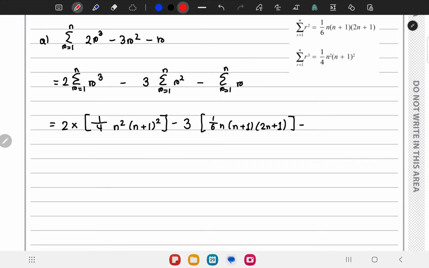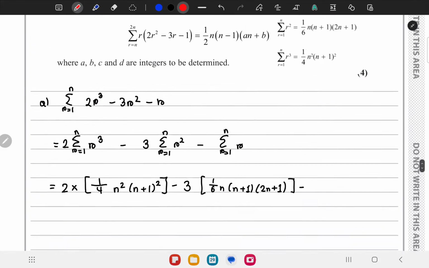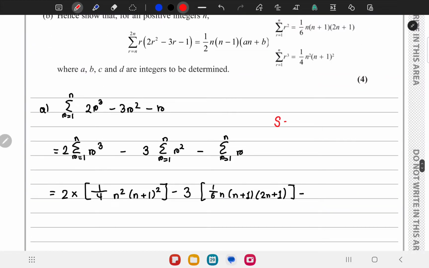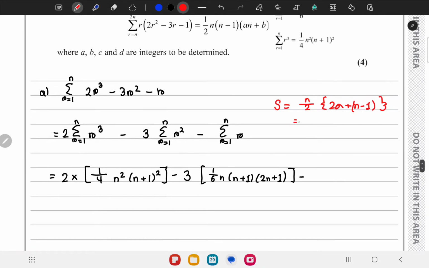For an arithmetic progression, the sum is n by 2 times 2a plus n minus 1 times the common difference. The common difference here is 1, so this is what we'll get. A over here is 1 as well.